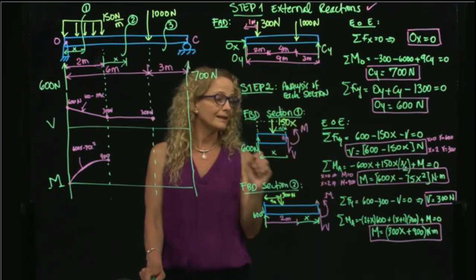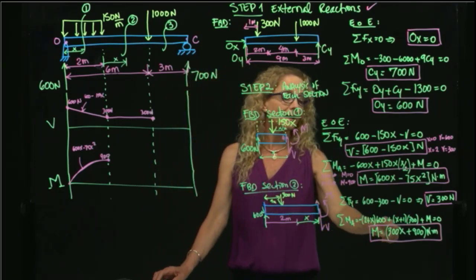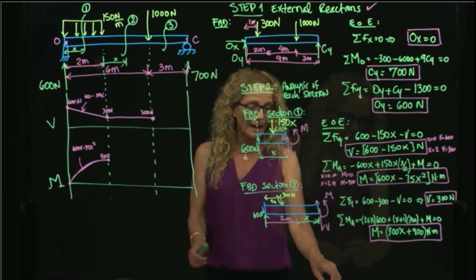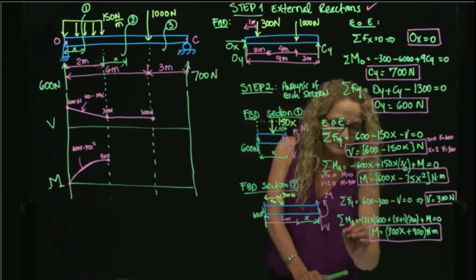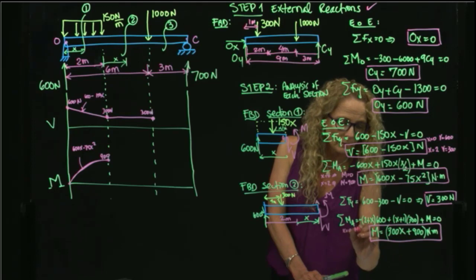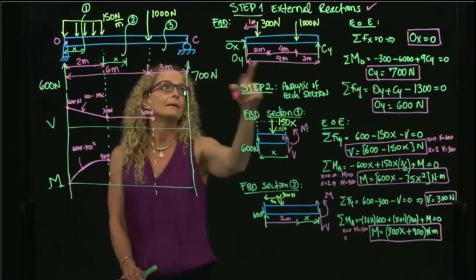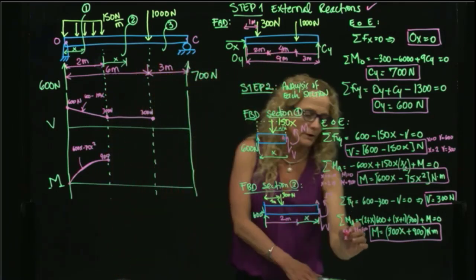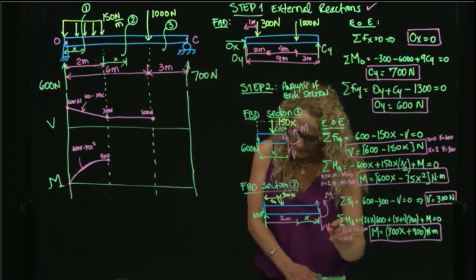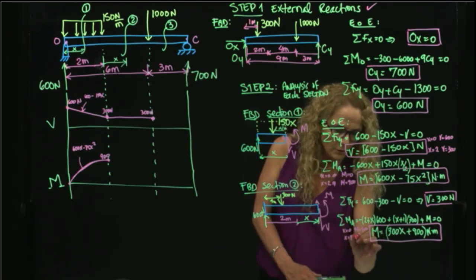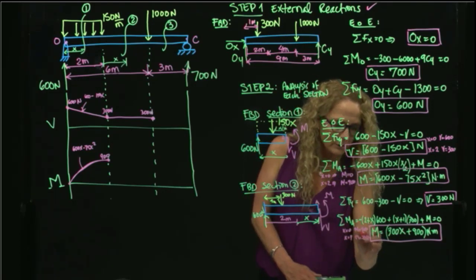And as you see, this becomes a line. So if I evaluate for x equals 0, I have M equal 900, and I evaluate for x equals 4 meters, since this segment is 4 meters, and I get the value of 2100.